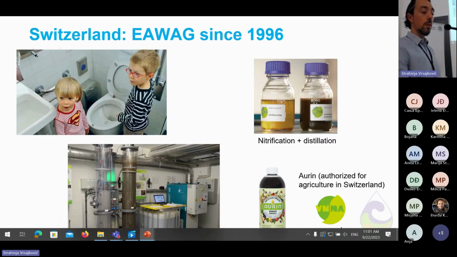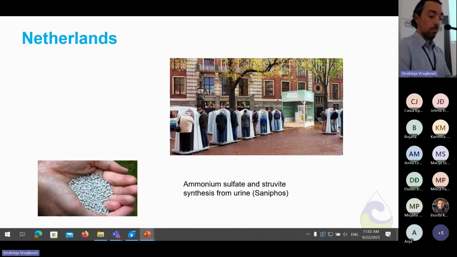Another famous example is the Eawag building, the research institute in Switzerland, where they separate urine in the toilets of the building and treat it in a pilot plant with a nitrification filter and then a distillation process to concentrate the urine. They get a product sold by a commercial company called Aurin, and it's now authorized for agriculture use in Switzerland. There are other examples in the Netherlands for struvite production from urine, and ammonium sulfate production.